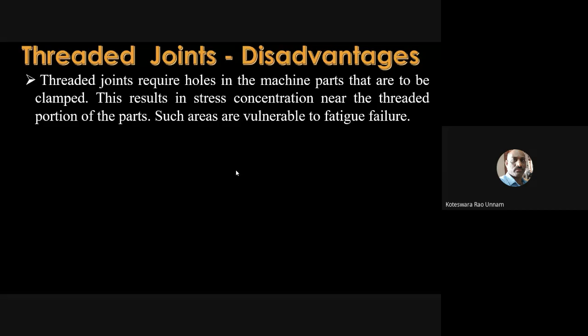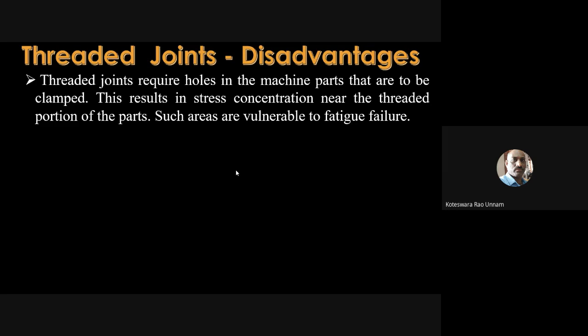Because to make a threaded joint, you need to drill holes in the connecting parts, in order to insert the bolt and tighten the nut so that the joint can be formed. These holes will produce stress concentration.